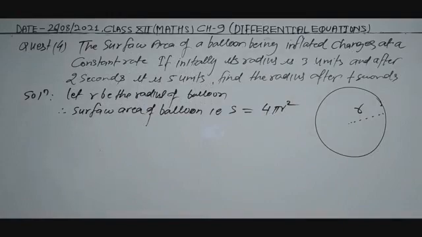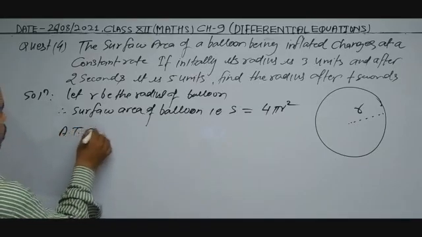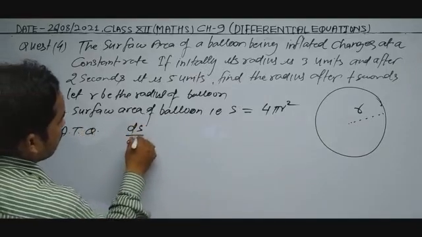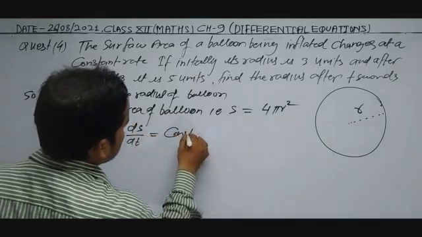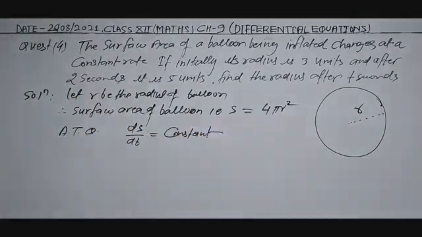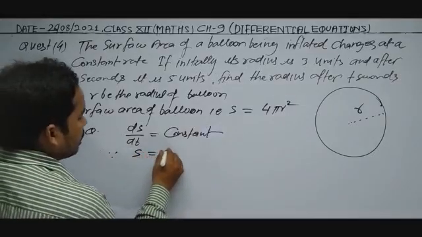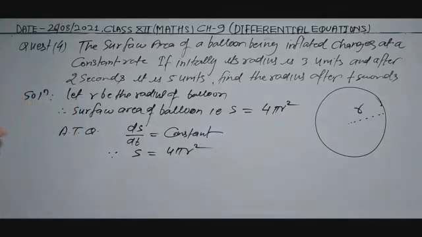Now in this question it is given that the surface area of the balloon being inflated changes at a constant rate. So dS upon dt, according to the question, is constant. And you know, since surface area is 4 pi r square, this is the formula.